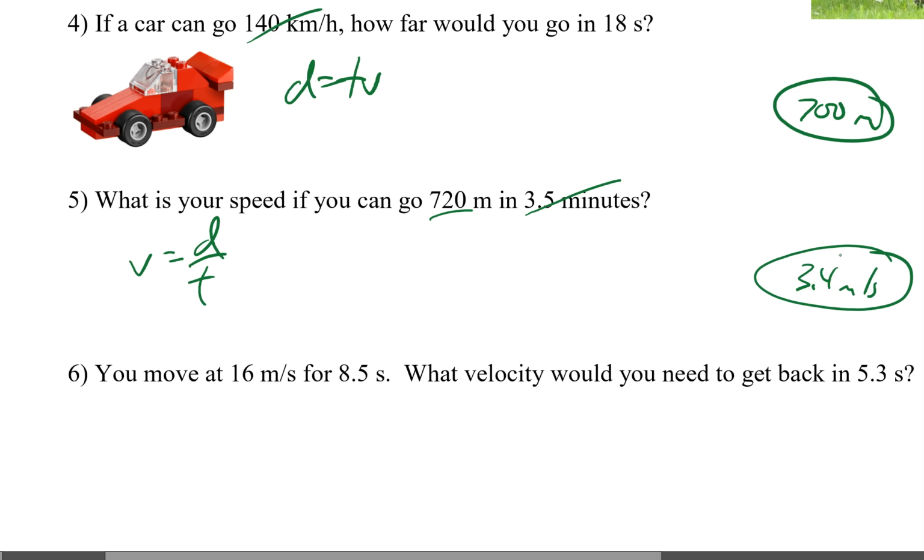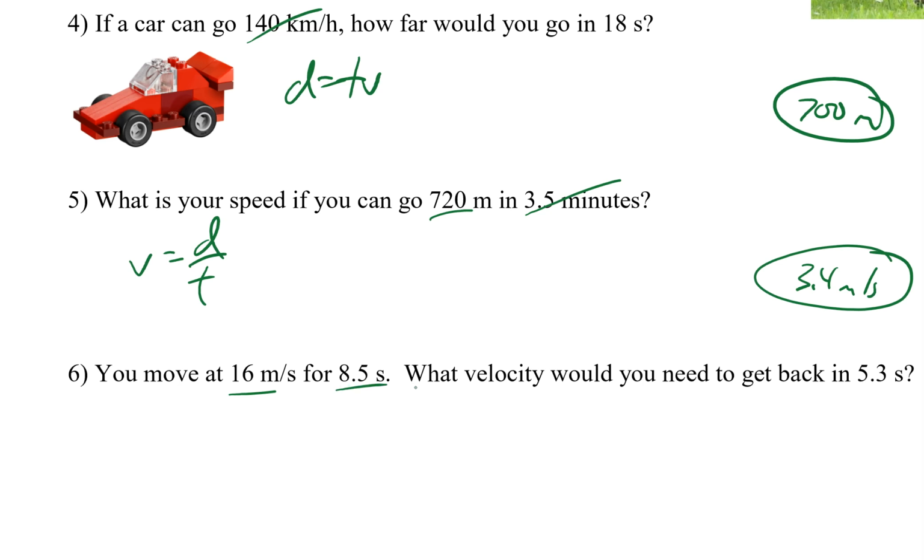Okay, and the last one, you move at 16 for 8.5. What velocity do we need to get back in 5.3? Well, there are two parts to this setup. You can use this v and this t to get the distance that you actually went. Then you use that distance and the new time to find your new second v.